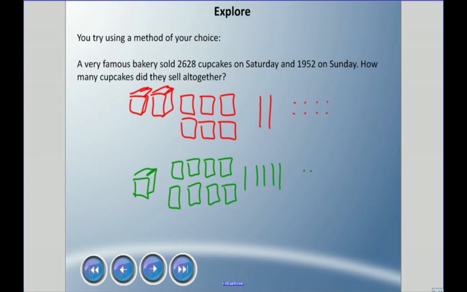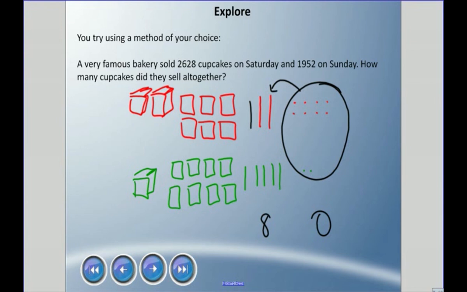Okay. Well, I have 8 here plus the 2. Actually, all of this will make into a rod. So now I count my rods. 1, 2, 3, 4, 5, 6, 7, 8. I don't need to regroup. So this became a 0. This is an 8. Let's go to the hundreds here.